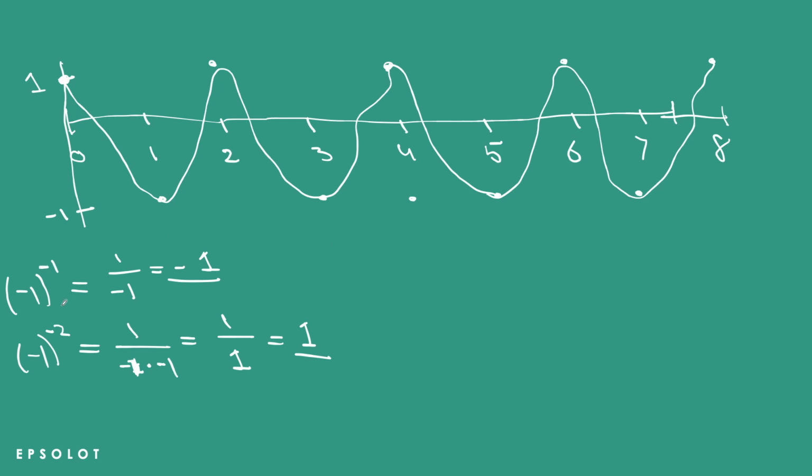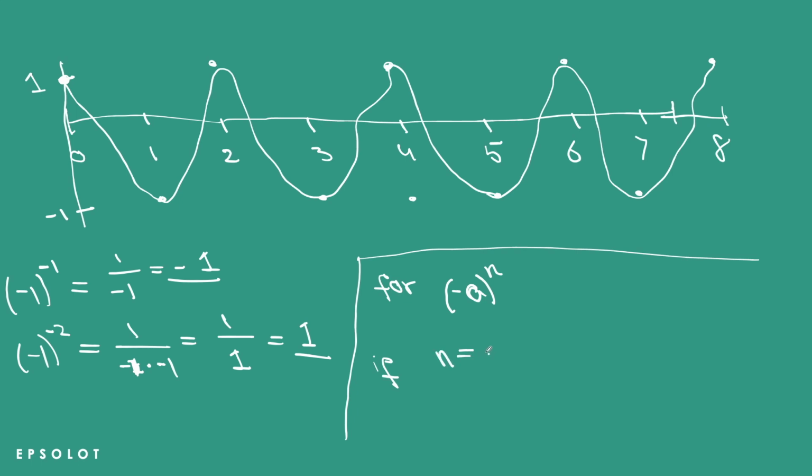The only rule that you need to remember in this case is, let me quickly rewrite it: for a negative a to the power of n, if your n is odd, then your answer, let's say the answer is b, will be a negative number.